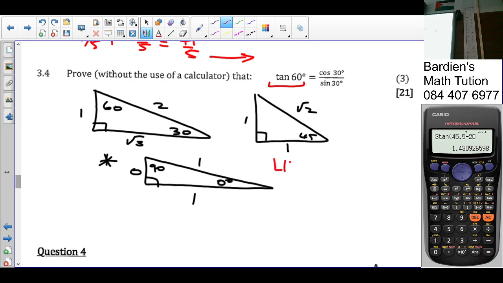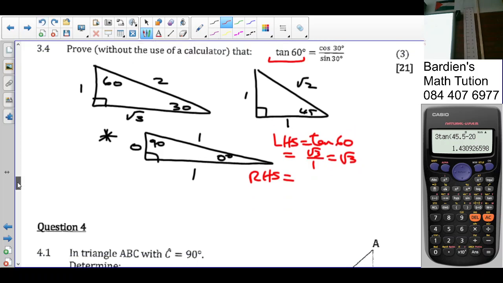So let's look at the left hand side. You've got tan of 60. Now tan is opposite over adjacent, so it's going to be root 3 over 1, which is root 3. So if you can prove that the right hand side is also root 3, I've done the job. For the right hand side, that would be simply cos 30 degrees over sine 30 degrees. Cos of 30, cos is adjacent over hypotenuse, so it's root 3 over 2. This line here means divide.